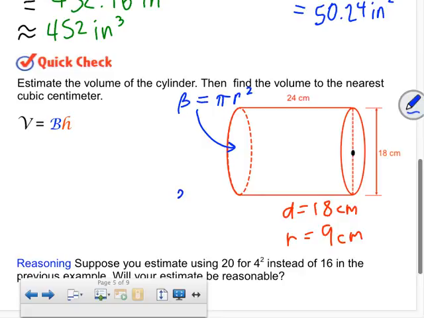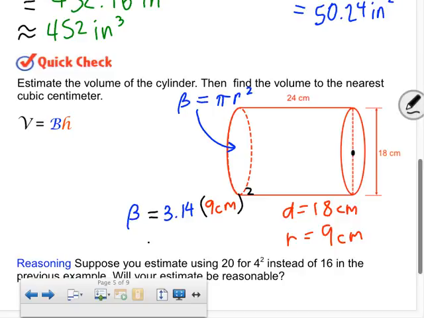So if we have the value for pi that we use, and we're going to multiply that by the radius, which is 9 centimeters, and we need to square that, right? So we're going to raise that to the second power. That's going to be my value for B, the base area.